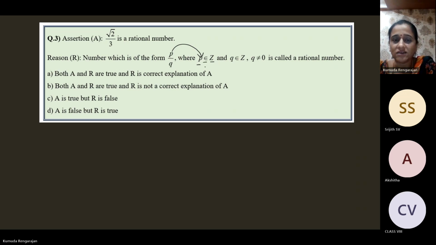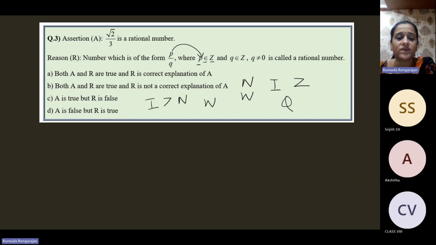Z denotes integers. N denotes natural numbers. W denotes whole numbers. I or Z denotes integers. Q, rational numbers.